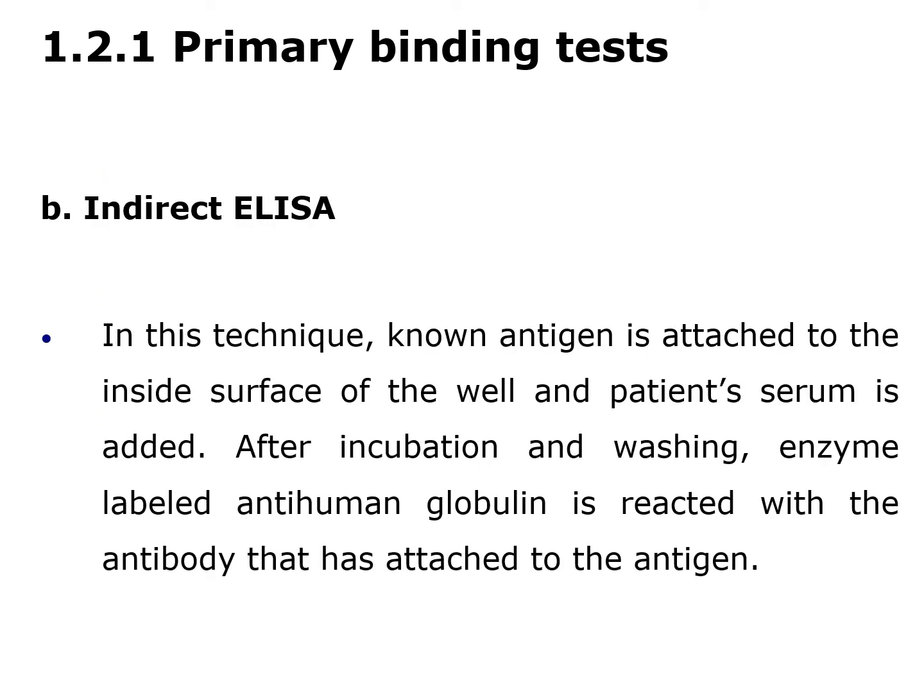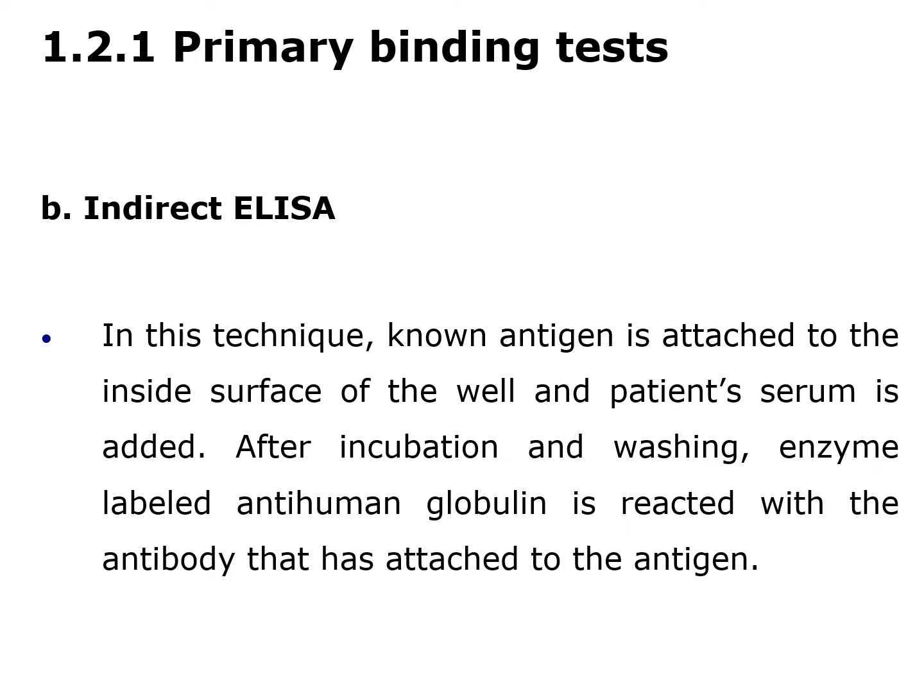Okay, the next procedure is called indirect ELISA. This is when we use a known antigen to identify the antibody in the serum. So again, we mix the two components, antigen plus antibody. After that, we wash, and then we add another antibody.